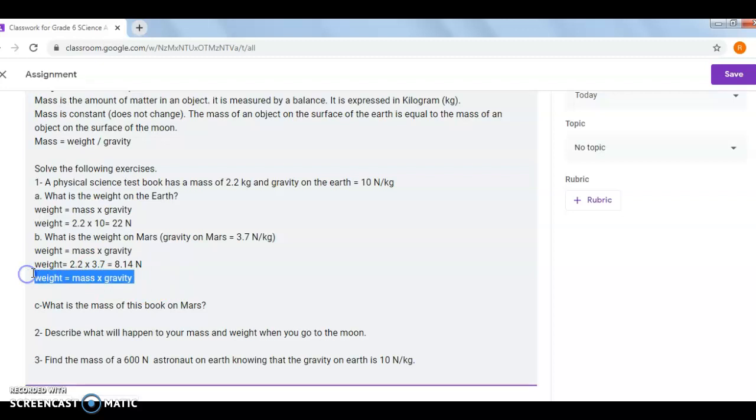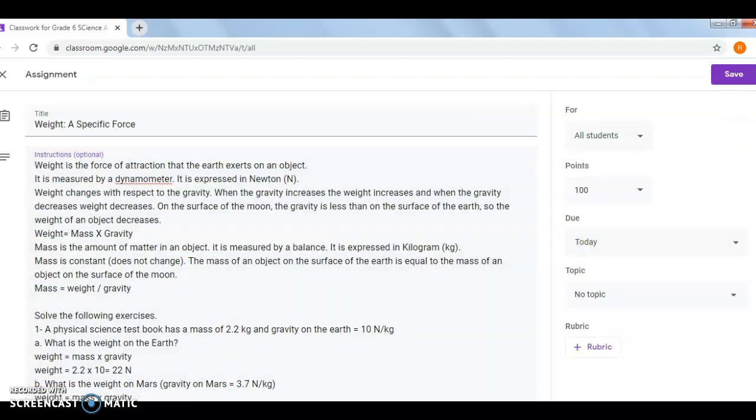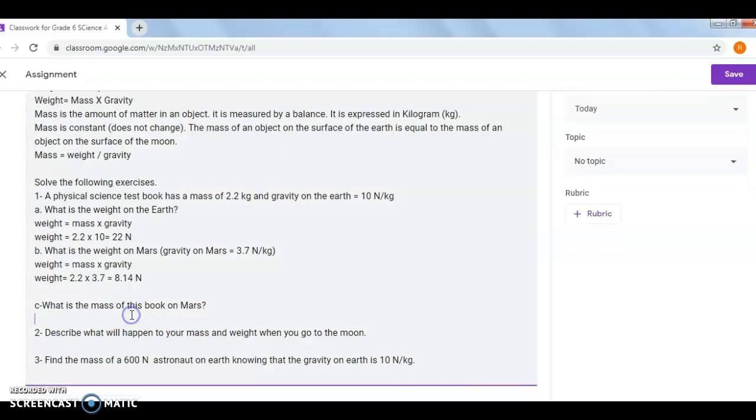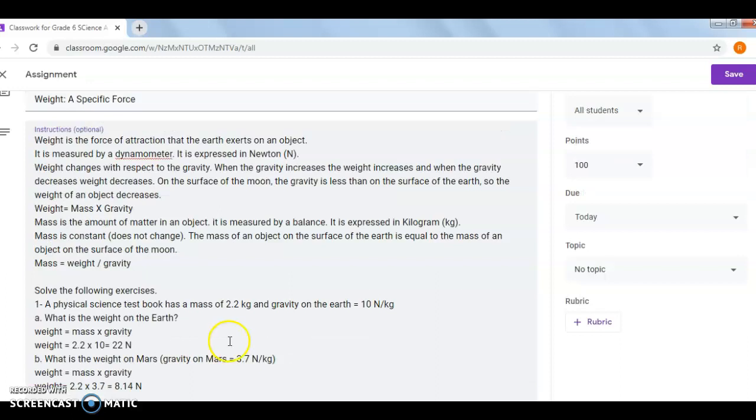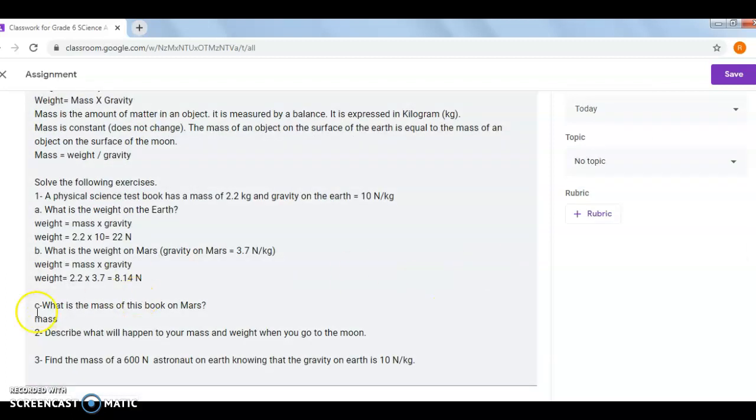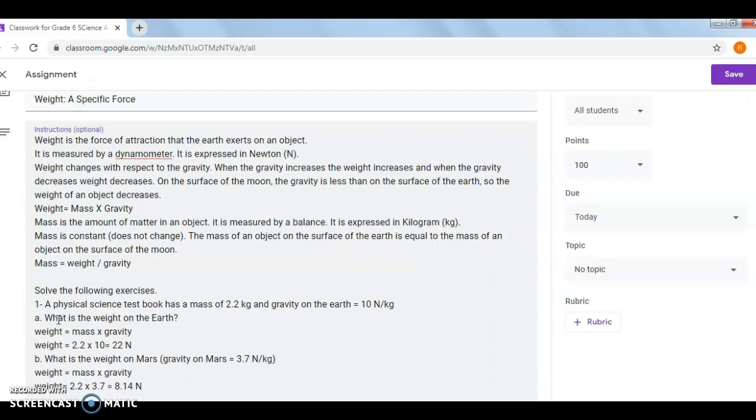Letter C, they ask you, what is the mass of this book on Mars? What do you think? Because the mass is constant and it does not change, it is 2.2 kilograms. The mass of an object is constant. Between two brackets we can write it will not change.